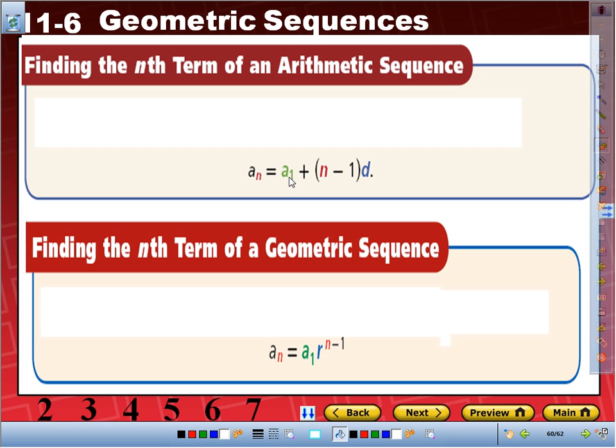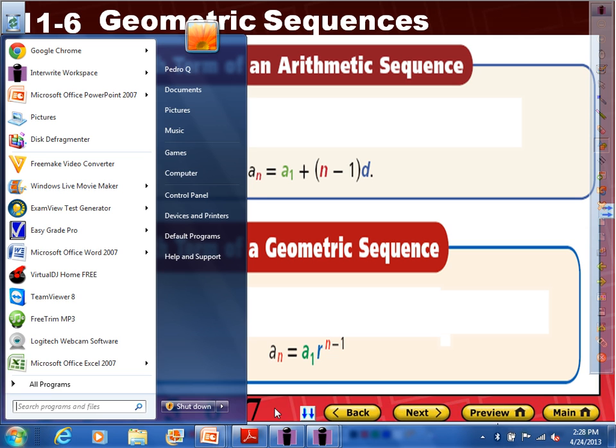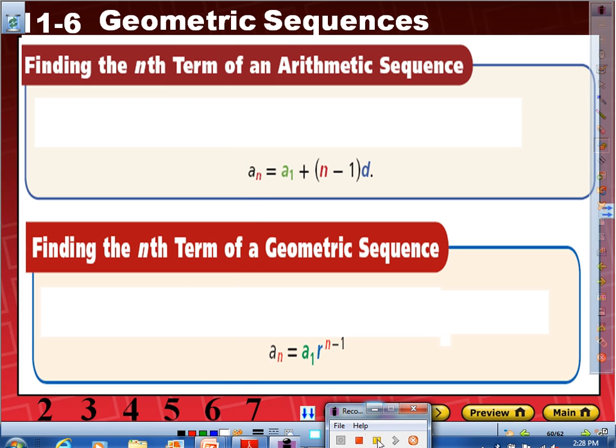In the green, this one is A with a little sub 1 in it. Copy that, please. I'm going to break down each piece in green for those of you that have colored pens. In green is this part right here. It says A sub 1.